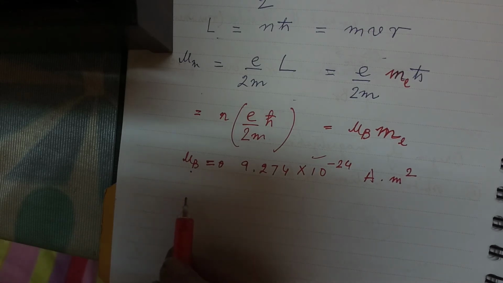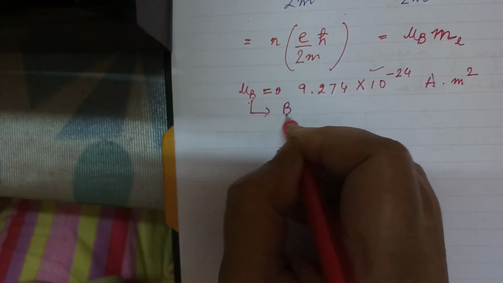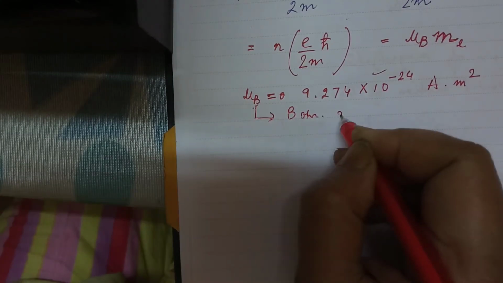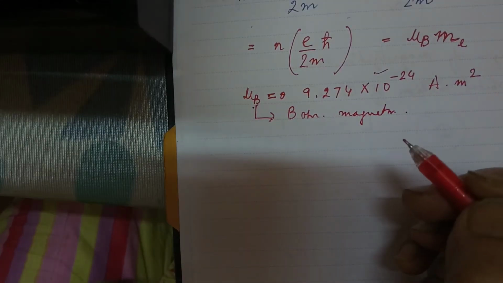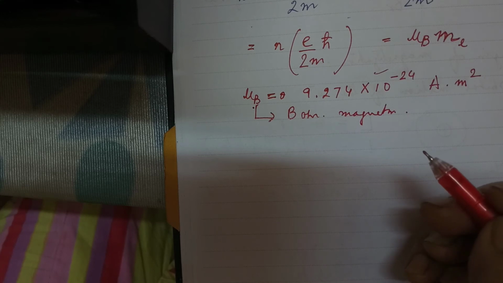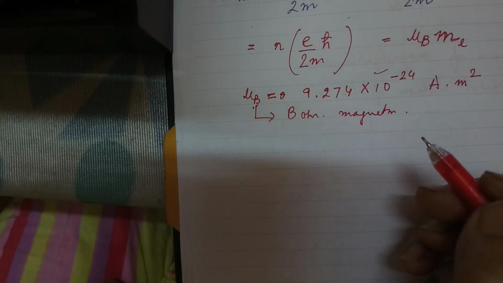And what do we call this mu B? It is your Bohr magneton. So this occurs from the orbital angular motion of the electron.